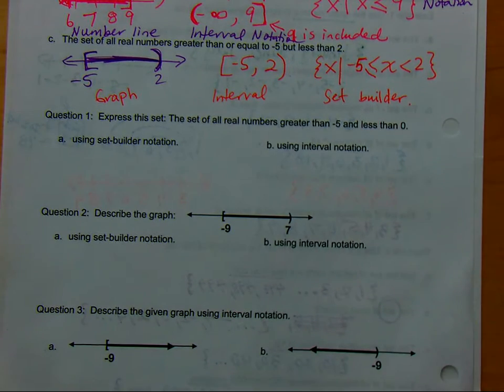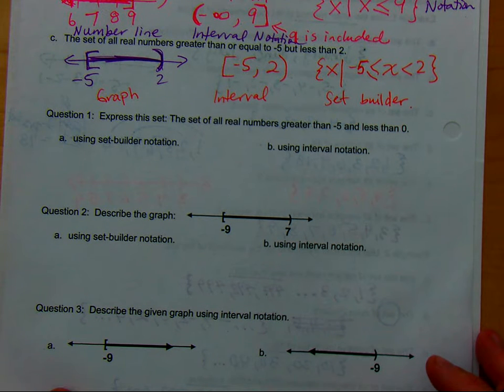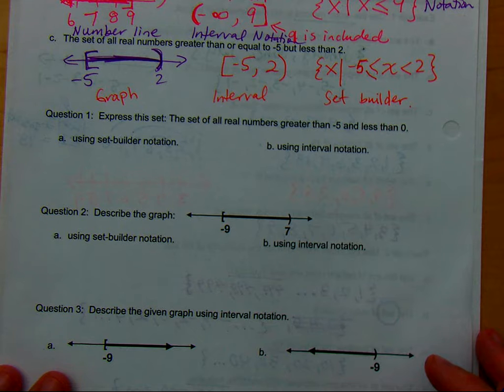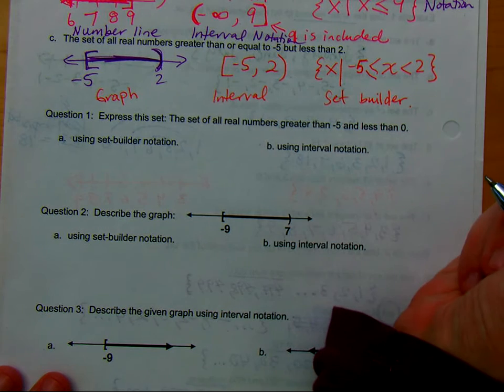All right, let's express the set of all real numbers greater than -5 and less than 0. So you could go ahead and try that one, and then let's talk about it. Greater than -5 and less than 0. Any thoughts about that?